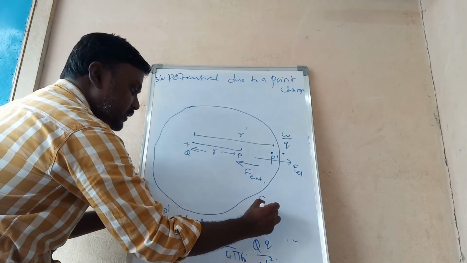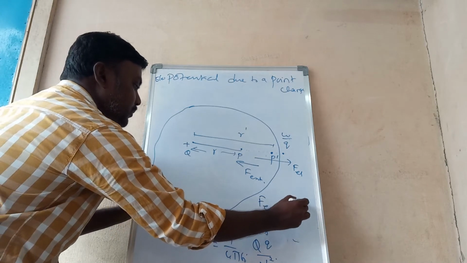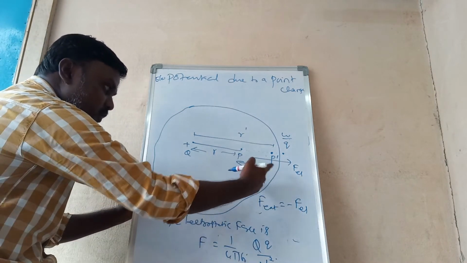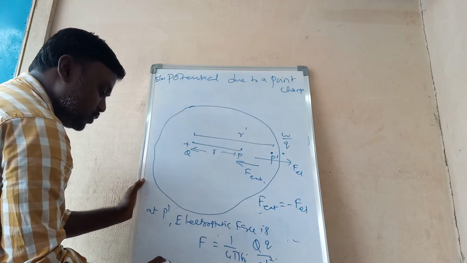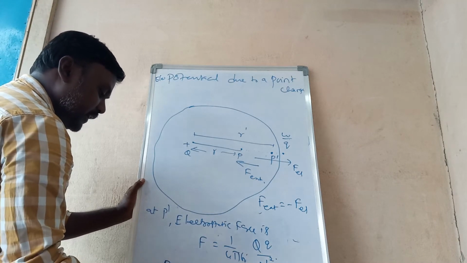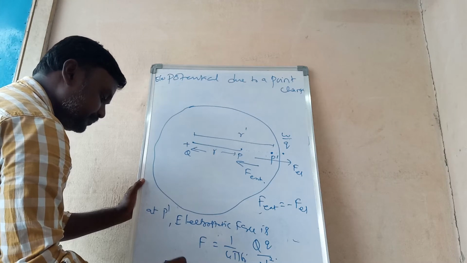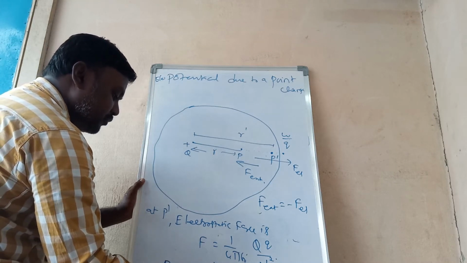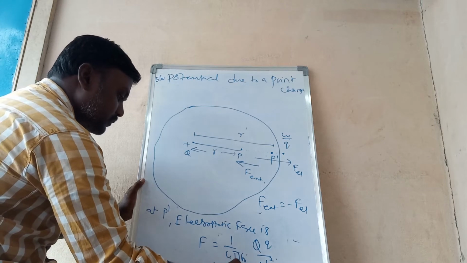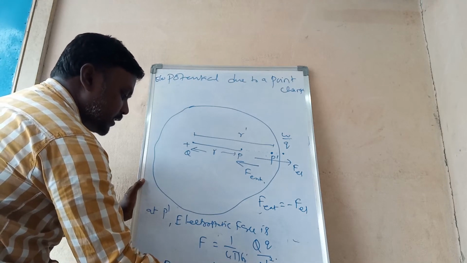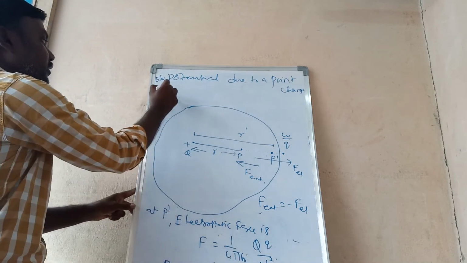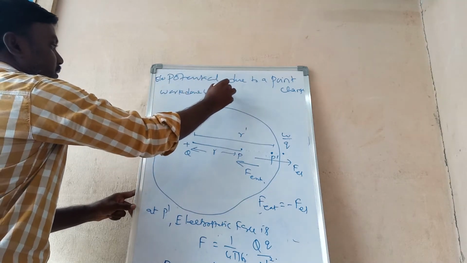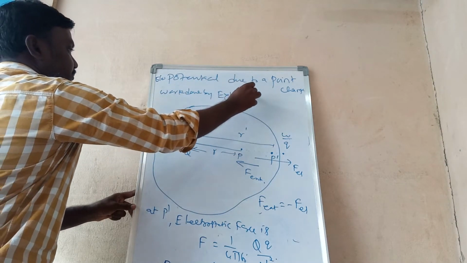The external force is equal to minus the electrostatic force, because both have the same magnitude. So F external is equal to minus 1 by 4 pi epsilon naught q by r dash square. Now we are going to find the work done by the external force.